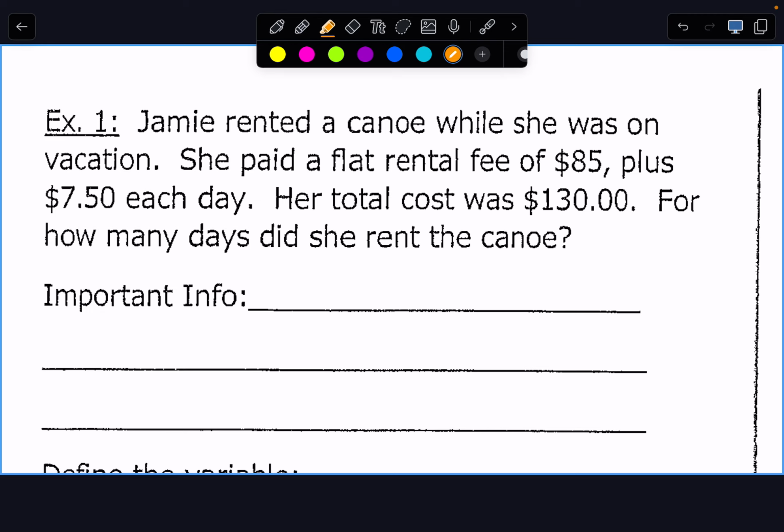Important information. Does anything really matter in the first sentence? Don't really care. Doesn't tell me anything important. Okay, next sentence. Something that's important. Okay, we have an $85 fee. Okay, that is important.